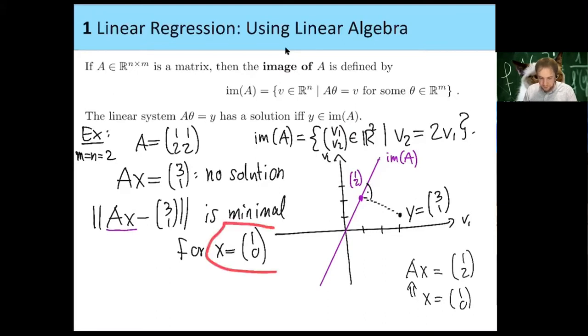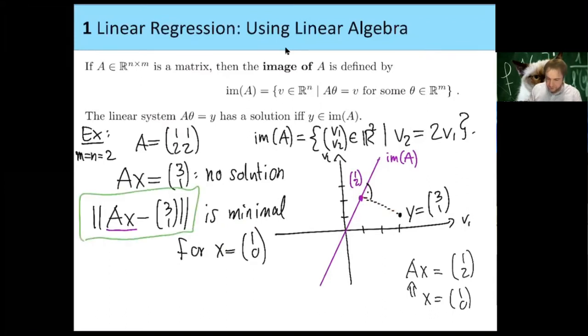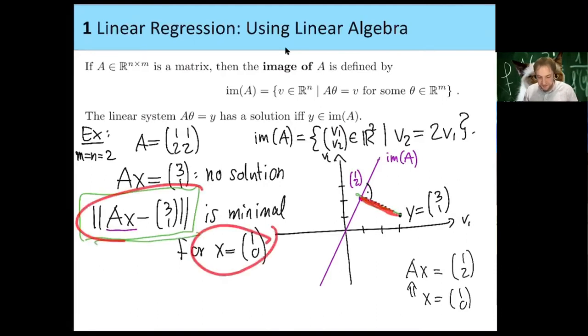So in this case, this green part is exactly this line here. So this is minimal for this point, and this point is 1, 2, and therefore this is minimal for the case x equals 1, 0. Okay.